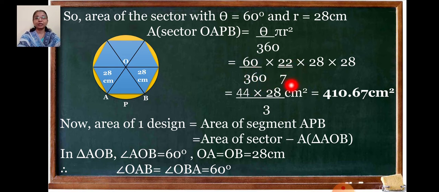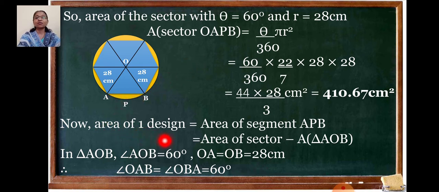Pi you take 22 upon 7. Radius 28 into 28. Simplify this, cancel out the terms. So you will get the area of sector OAPB is equal to 410.67 centimeter square.